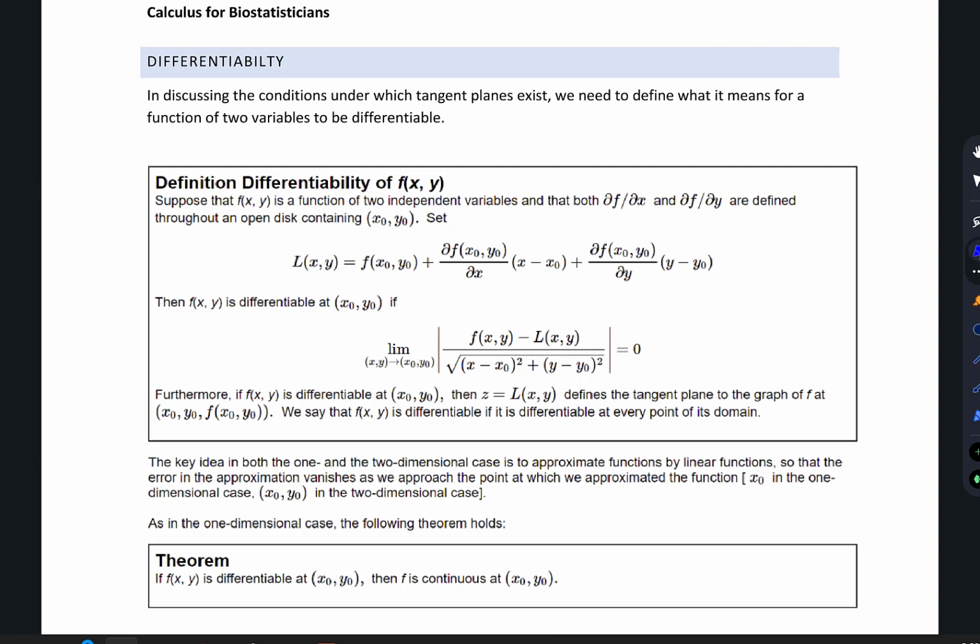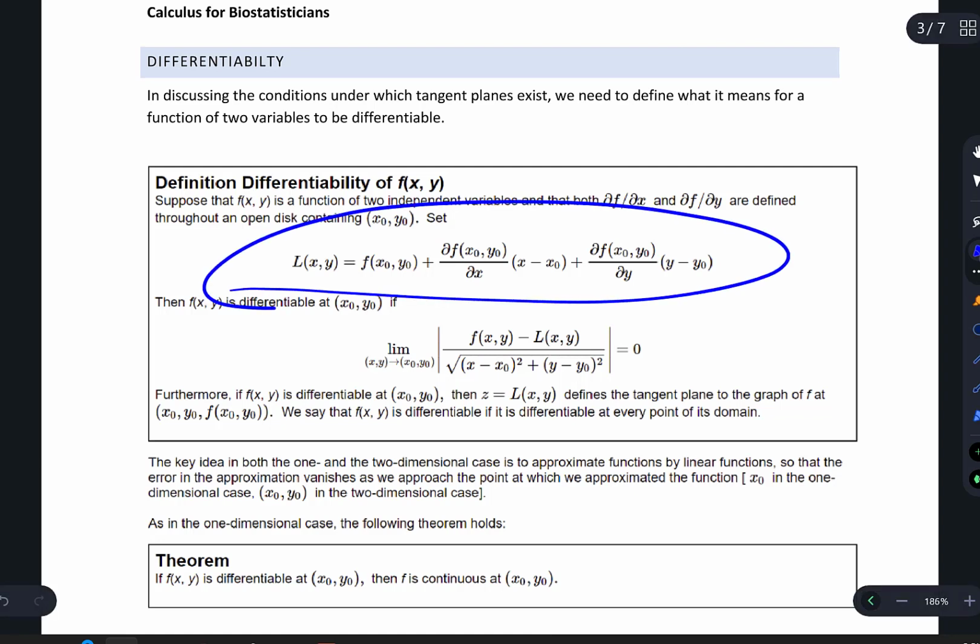Here we suppose that f of x, y is a function of two independent variables and that both the partial derivatives are defined throughout an open disk. Remember, we talked about an open disk as being the analog to an open interval, but instead of being on a line, we're now in a plane, but it's a very similar idea. If you'll notice, this equation right here is very similar to that equation of the tangent plane that we just saw.